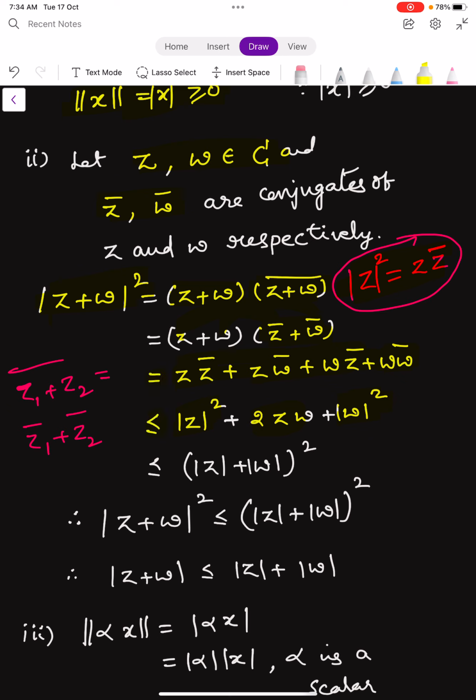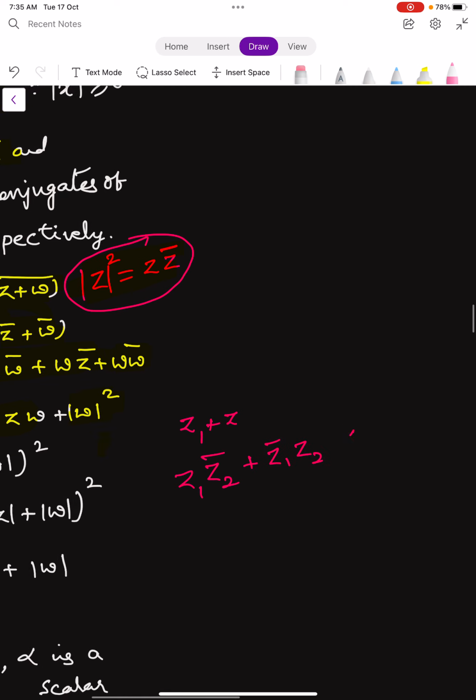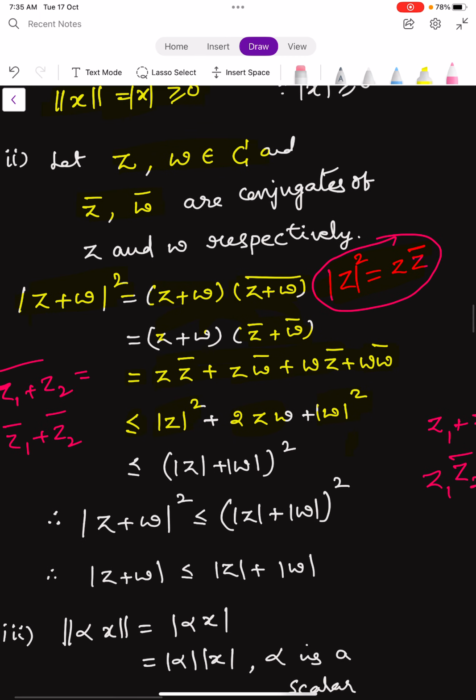Because by complex numbers theory, z1 into z2 bar plus z1 bar into z2 is always less than or equal to 2 z1 into z2. So that's why this equality becomes inequality.